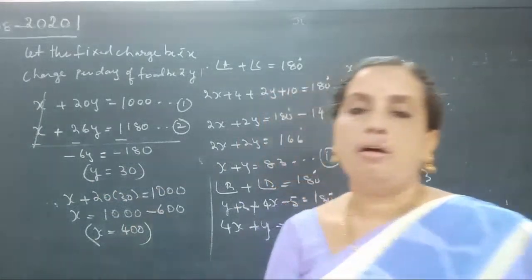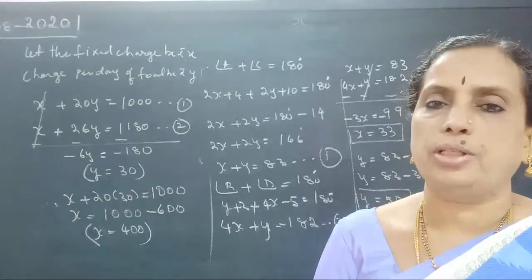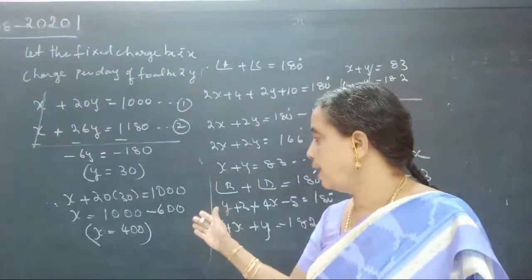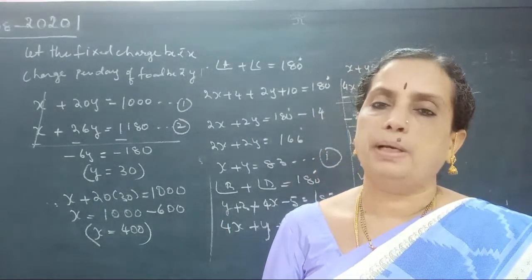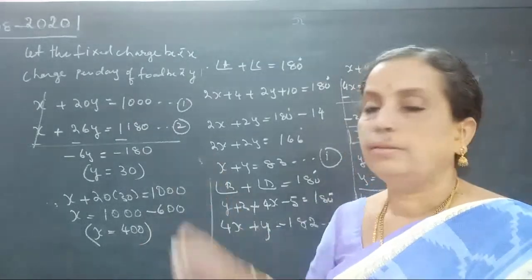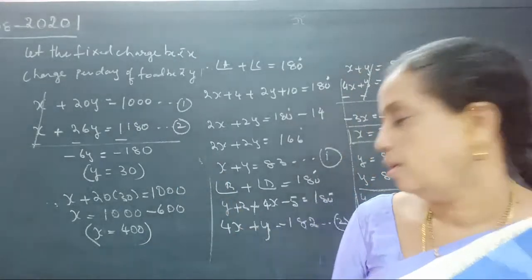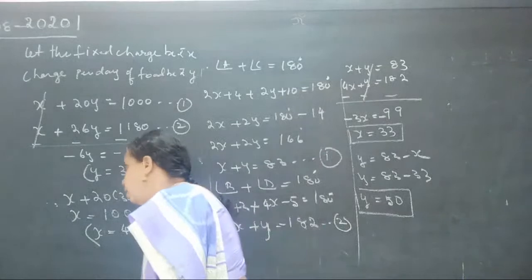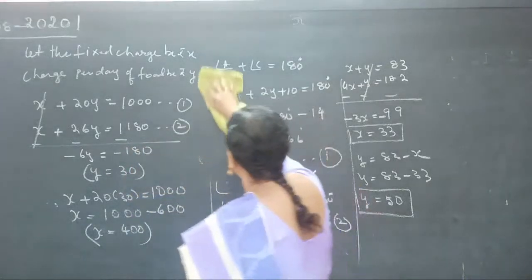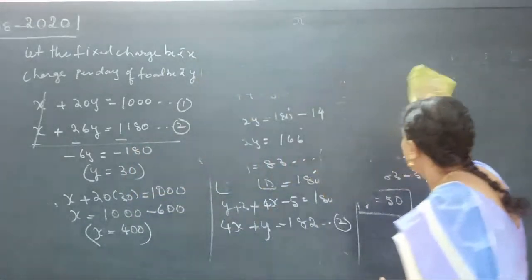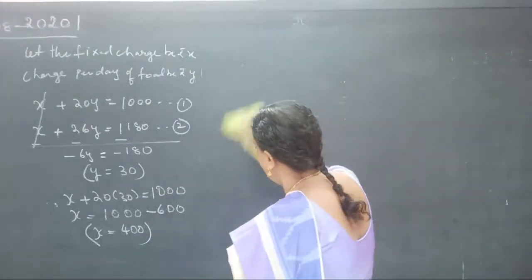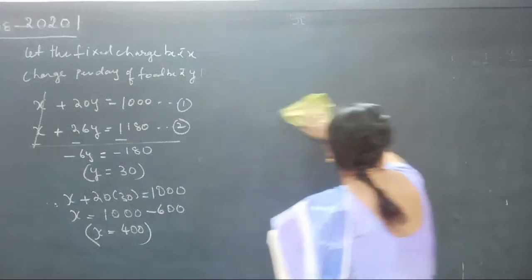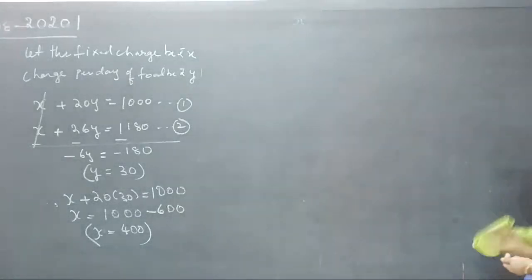Fixed hostel charge. The fixed hostel charge, rupees X, is 400. Cost of food per day, Y, is rupees 30. So getting the X value and Y value separately, you have to give the statement of what the x value is and what the value of y is.